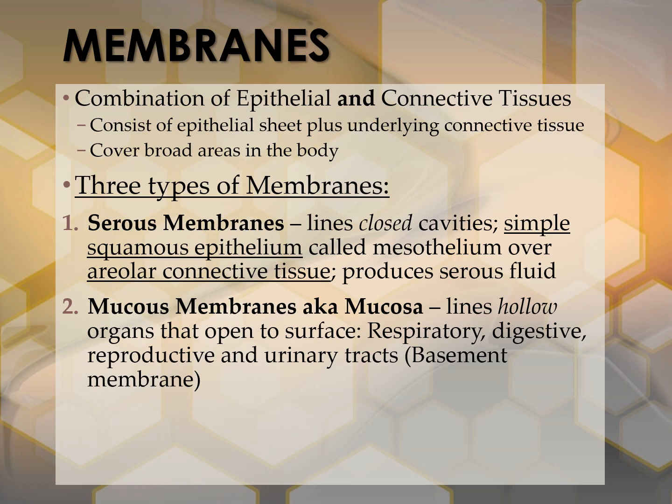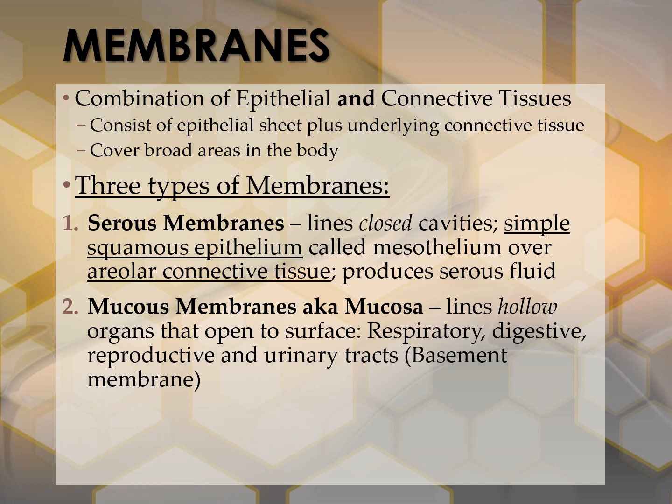Our second type of membrane is a mucous membrane. Now this is going to line all of our hollow organs that open to the surface, right? So the respiratory system, in our nose, that opens to the outer world.